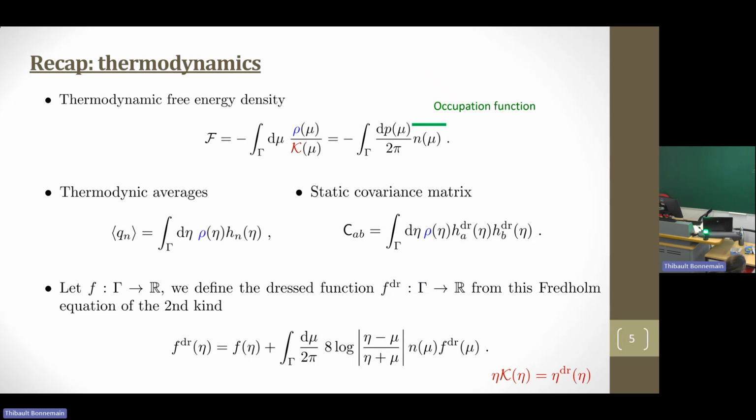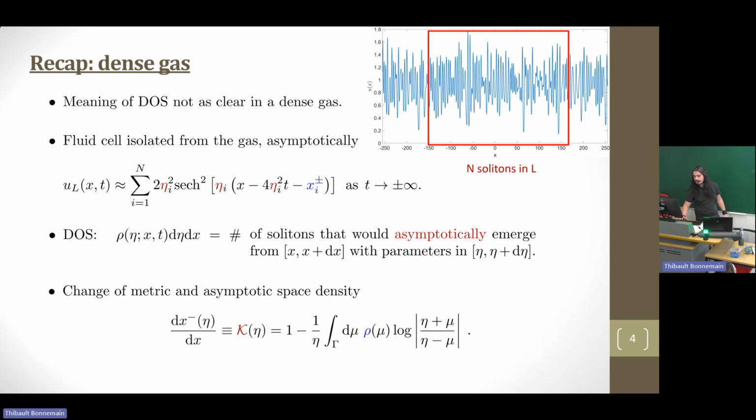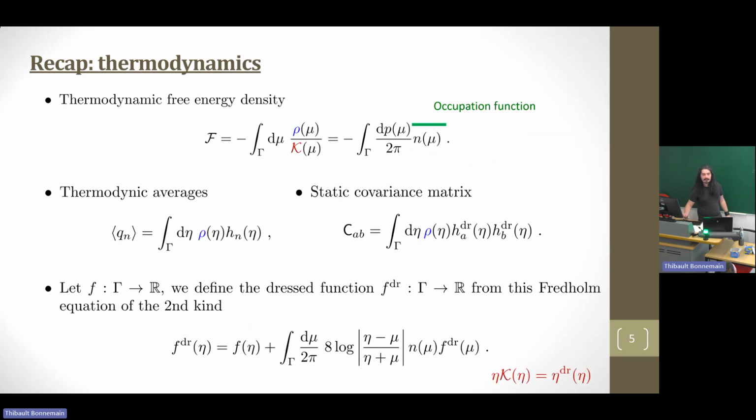You can reframe it in terms of dressed quantities. This equation is very close to the one for K here. And you can write that K is just the dressed quantity, and the velocity of the soliton is the square.